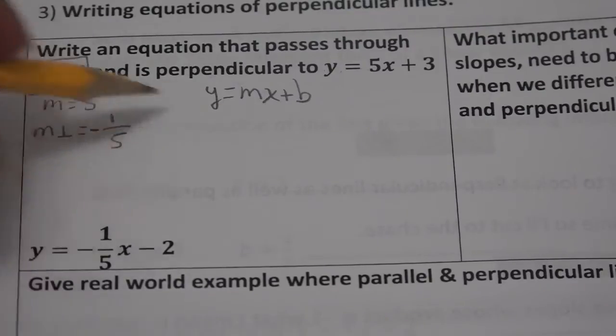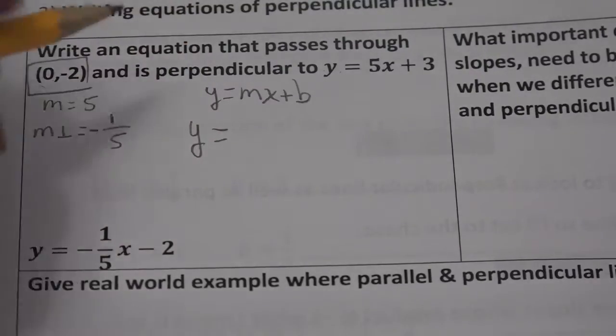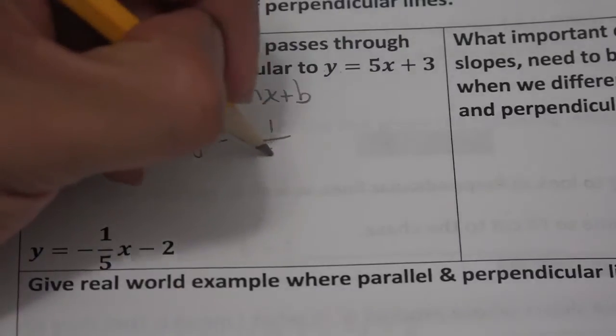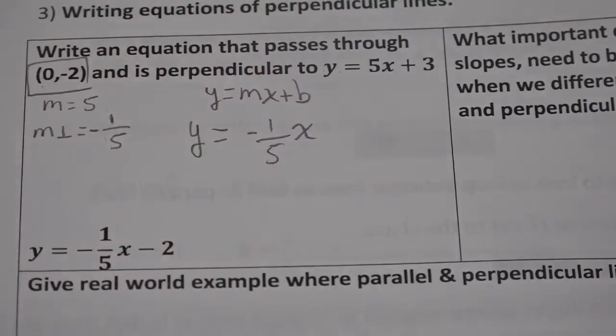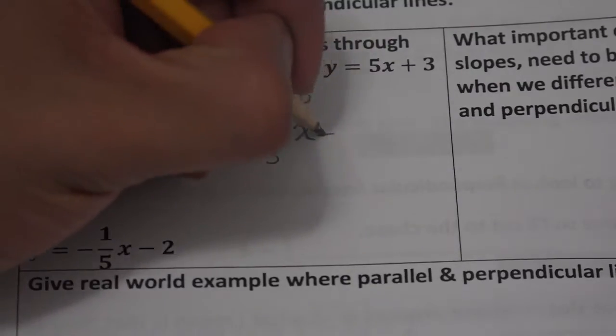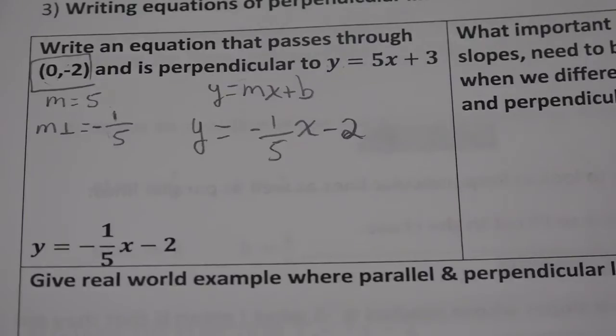Oh, so that means I don't have to calculate anything. No, just have to write the equation. Y equals, and then what is the perpendicular slope? Negative 1 over 5. The x is always there. And then the y-intercept is negative 2. And that's your equation. You see that?